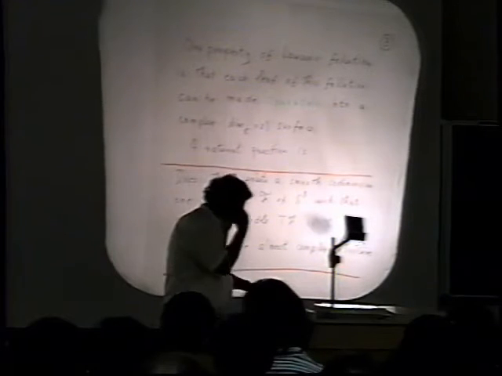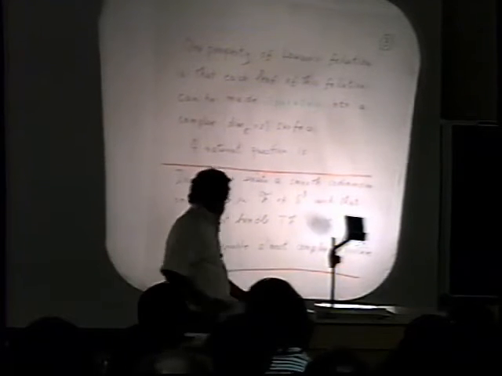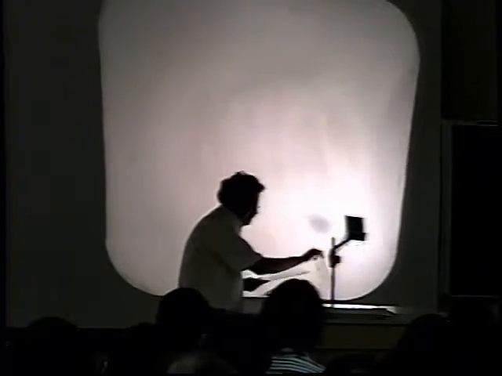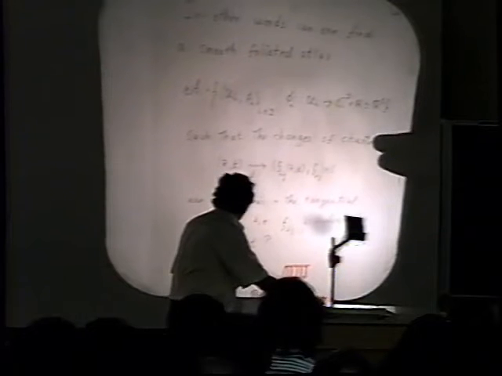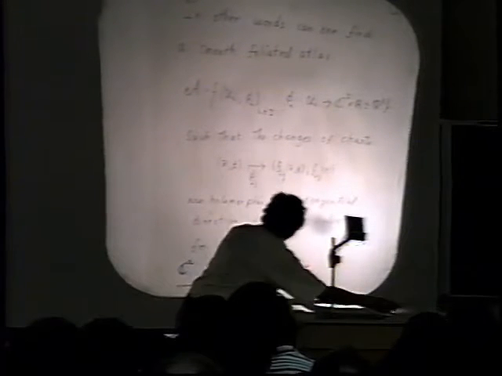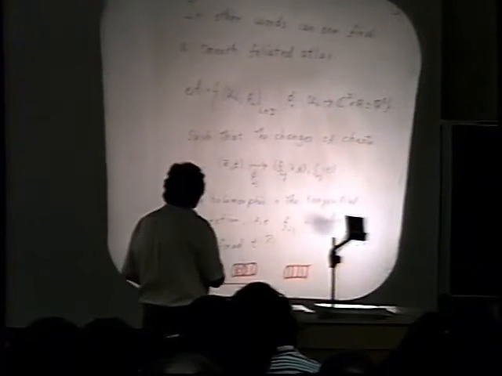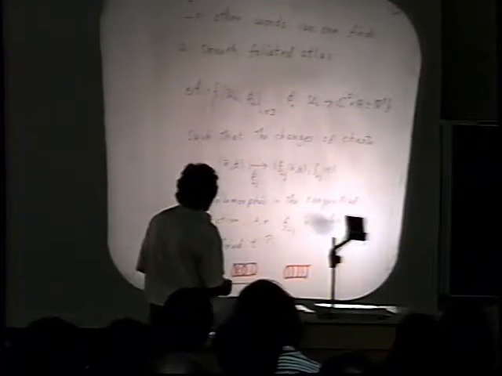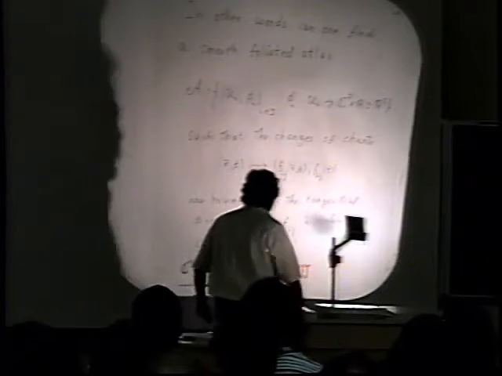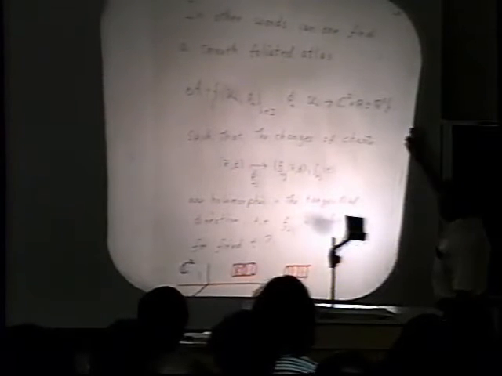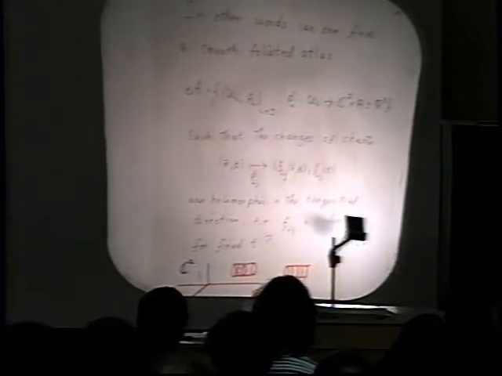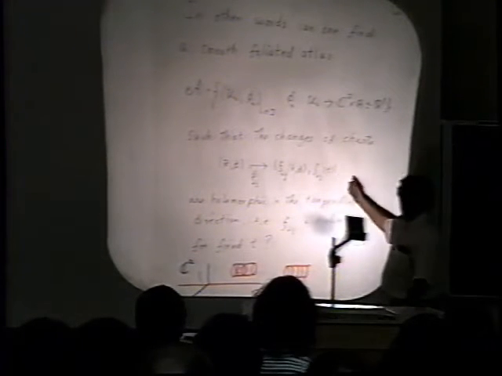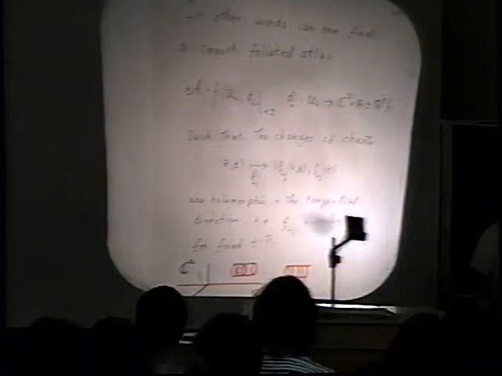Let me make precise what I mean. Can one find a smooth foliated atlas, script A, modeled on R^5 described as C^2 times R, such that the changes of charts are of this particular type, which we know very well here at the University, of lamination?